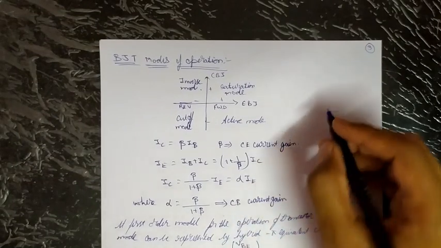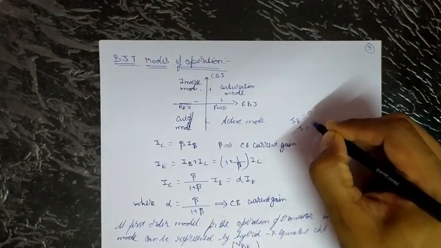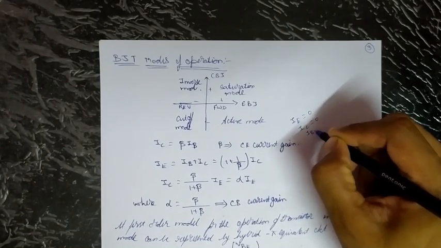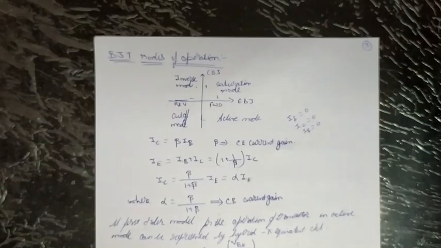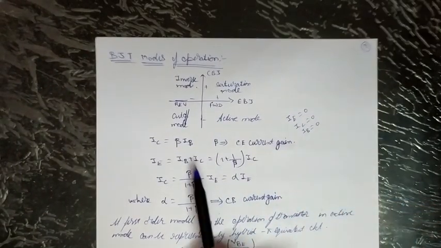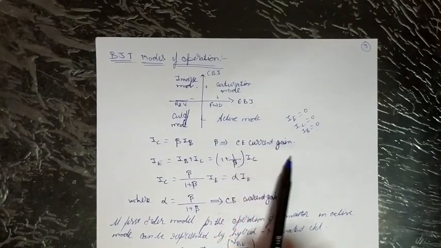IE is equal to 0, IC is equal to 0, and IB is equal to 0. Active mode is where emitter base is forward biased and collector base is reverse biased. In this mode, the collector current is proportional to the base current. So IC equals beta IB, where beta is the CE current gain, the collector emitter current gain.